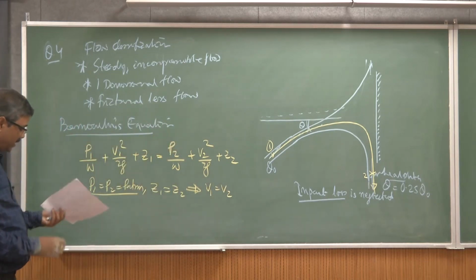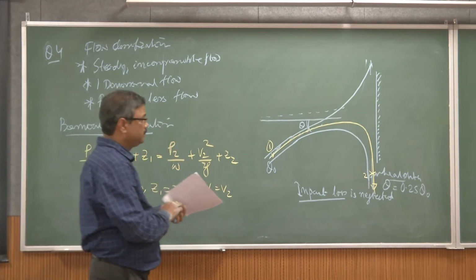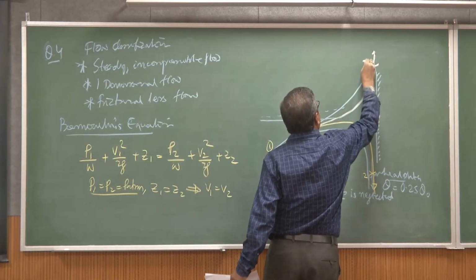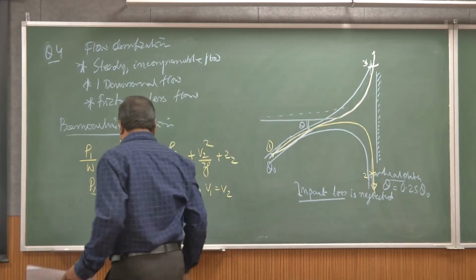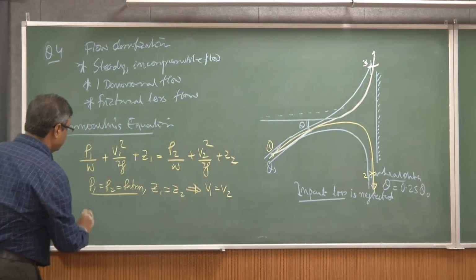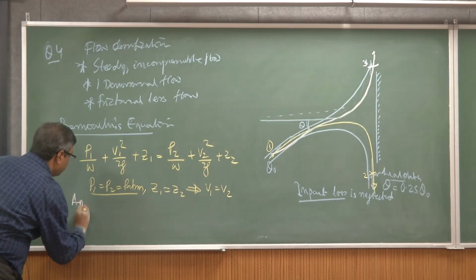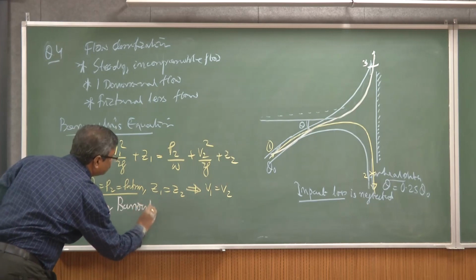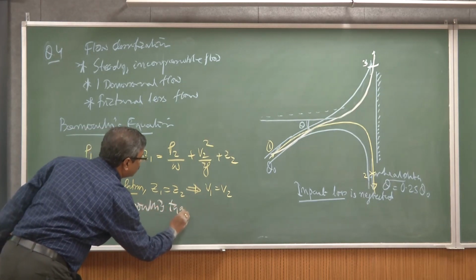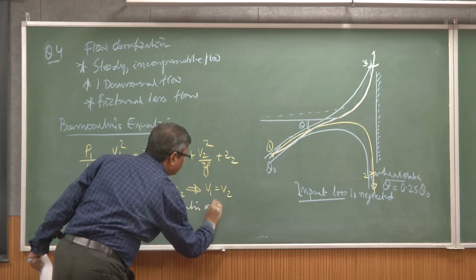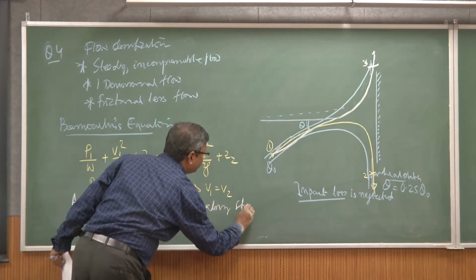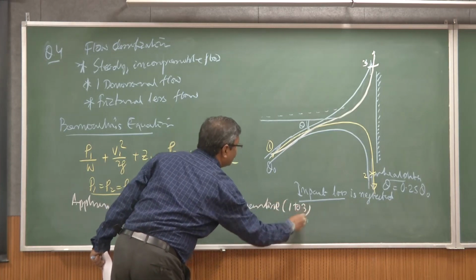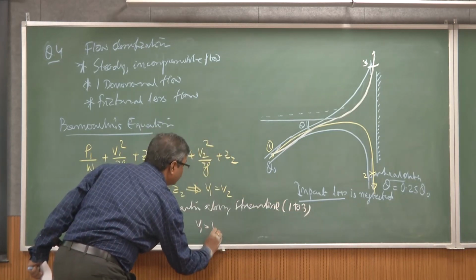Similarly, if I draw another streamline from 1 to 3, this is the location 3, applying the Bernoulli's equation along the streamline 1 to 3, I'll get B1 is equal to B3.